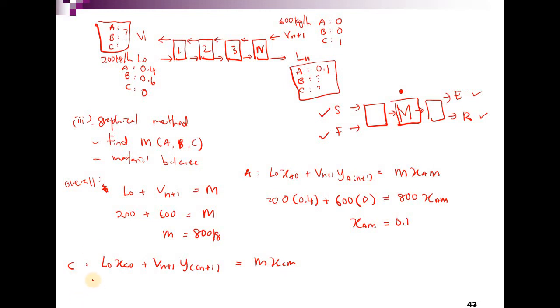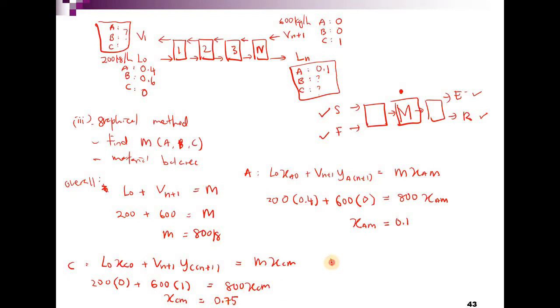L0 is 200, and component C in the feed is 0, so you put 0. Vn+1 is 600, and component C in the solvent is 1, equal to M is 800, and XCM is the one you want to calculate. You will get XCM as 0.75.